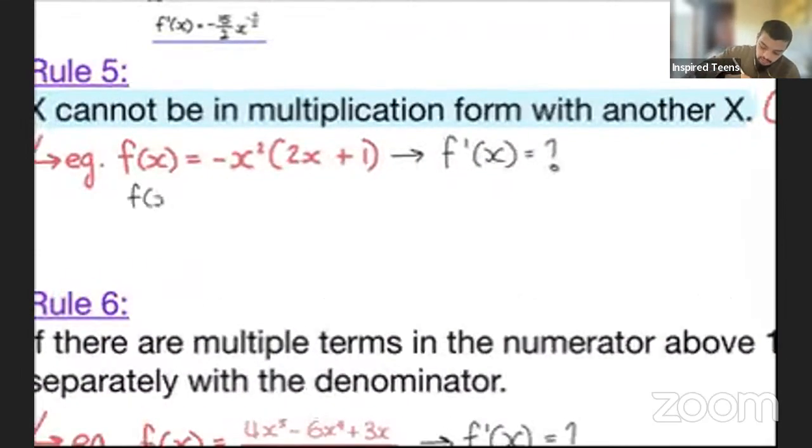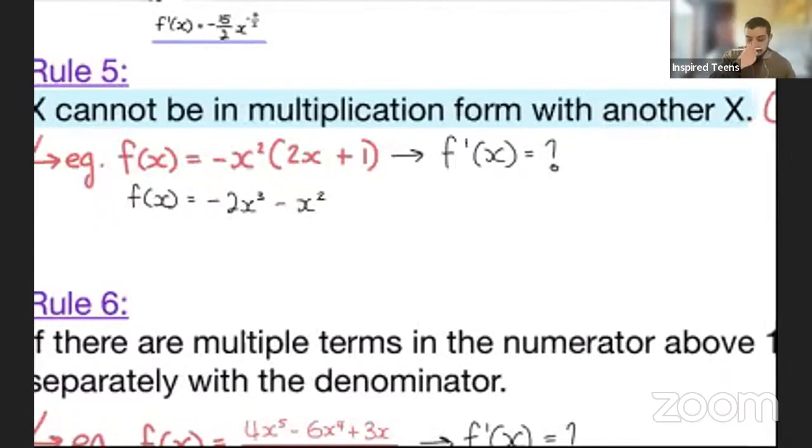So f of x is equal to, now how do we multiply this? This is just simple distribution: we multiply it into each term. So this becomes negative 2x cubed minus x squared.